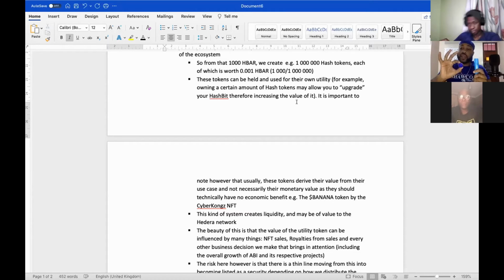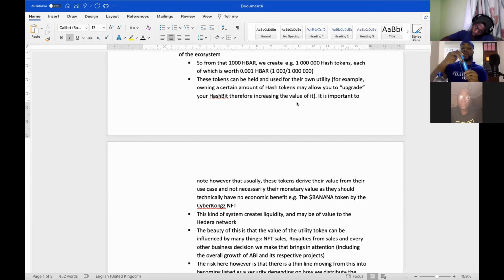Let's say you've done certain things for us, like helping design the white paper. Hypothetically speaking, we've rewarded you by giving you 2 hash tokens. You can then use these hash tokens to upgrade your NFT, your hash bit.